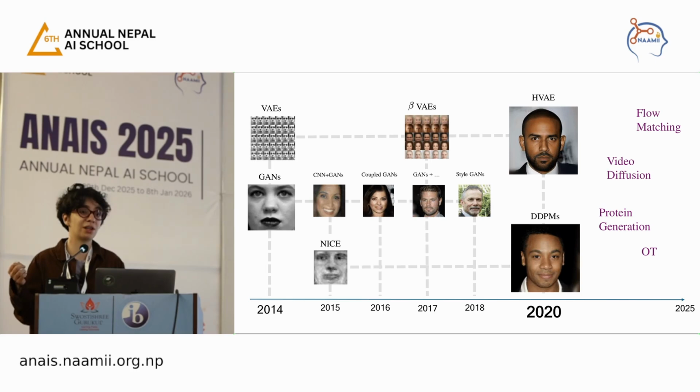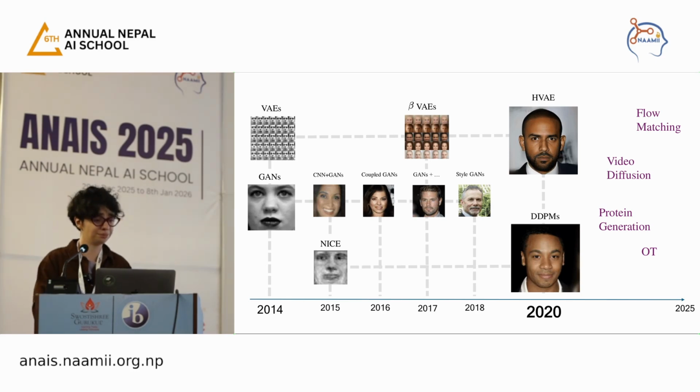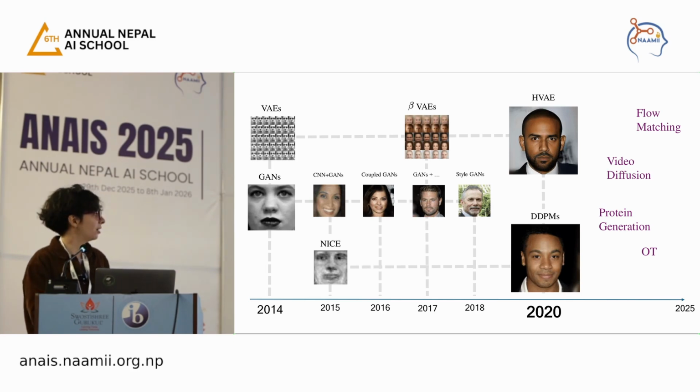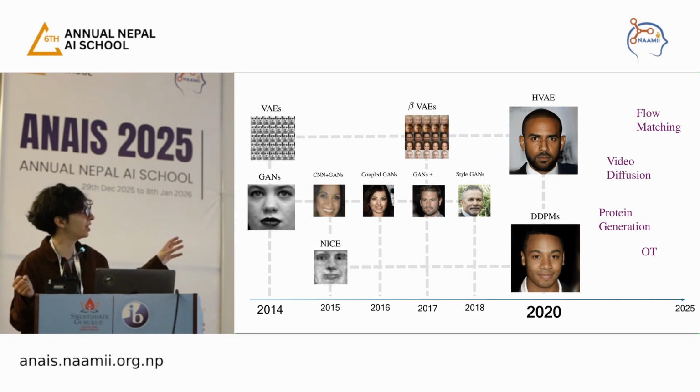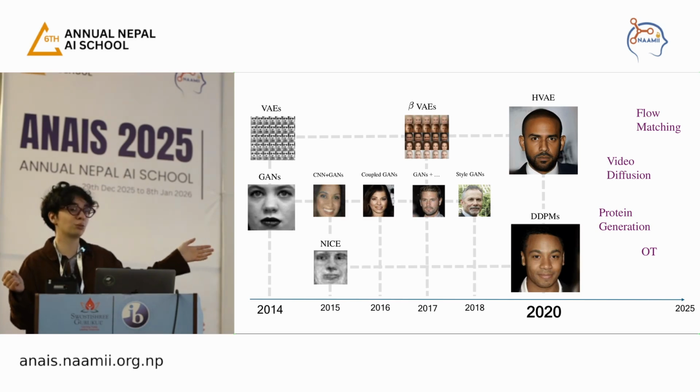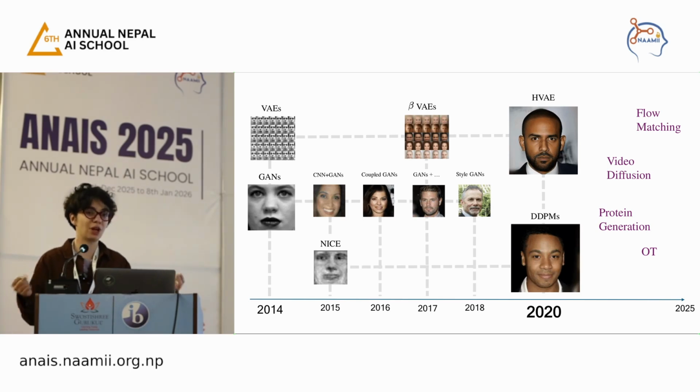Beta VAE is basically just adding some weight to this KL divergence term, such that this dual optimization was controllable instead of randomly telling a network, yeah, do this for me. Okay, and in 2020, something really exciting happened. So hierarchical VAE and denoising diffusion probabilistic models appeared.